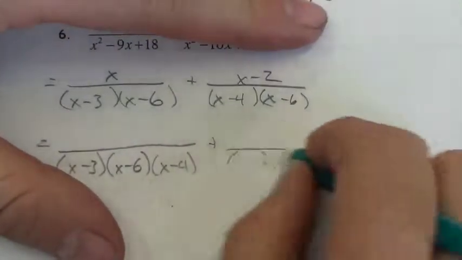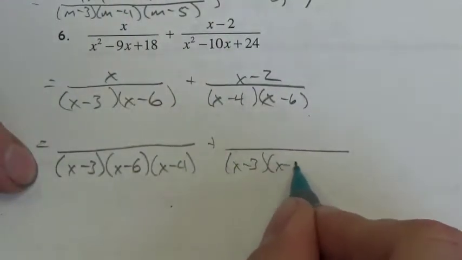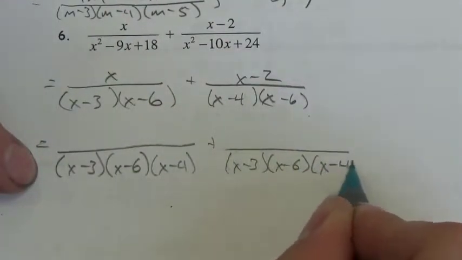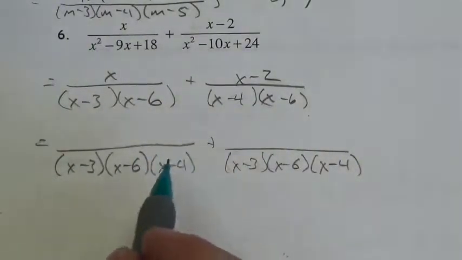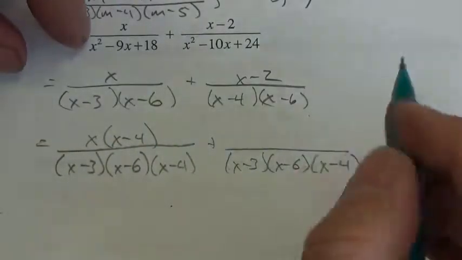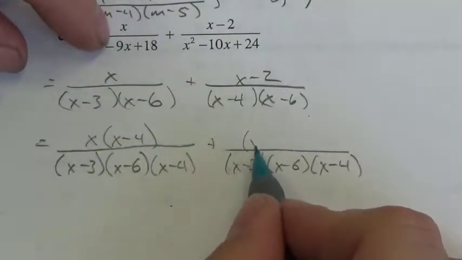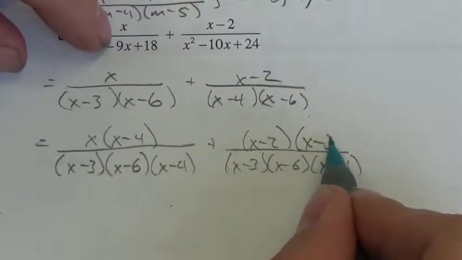Actually, sorry, I should write this exactly the same as I wrote the previous one. x minus 3, x minus 6, x minus 4. Now over here in this first term, the term that was missing was the x minus 4, so I'm going to include it in the numerator. Over here, the factor that was missing was this x minus 3, so I'm going to put that in the numerator.